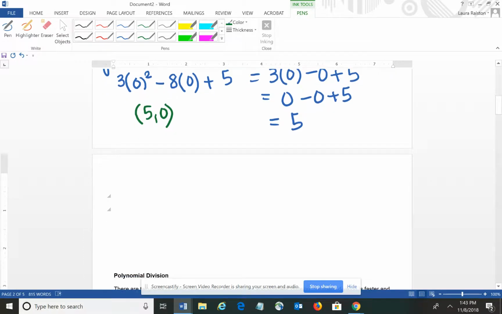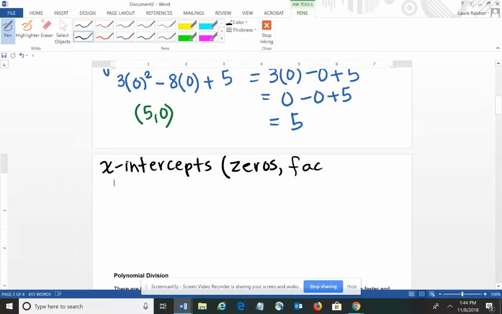The other values that you often want to find, and they're going to address this a little bit later with polynomials, the other value you want to find related to a quadratic, or really any function, are the x-intercepts. But the x-intercepts are actually also called the zeros. They could be called factors, or they can be called solutions.